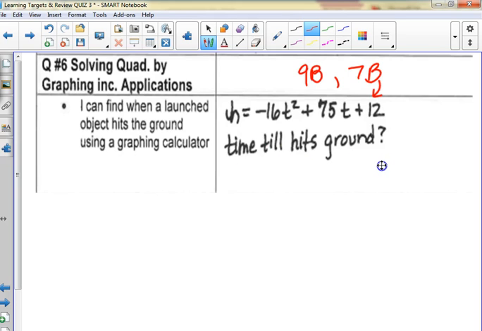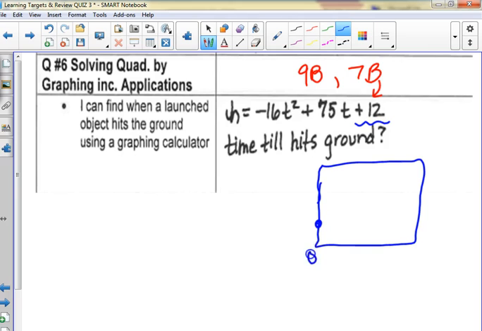How long till it hits the ground? Do you need me to go over this or you got this? Yeah, just put it in your calculator and find a good window. I'm not checking the window necessarily this time, but tell me what kinds of things you could think about. What does this plus 12 mean? It's going to start at 12.